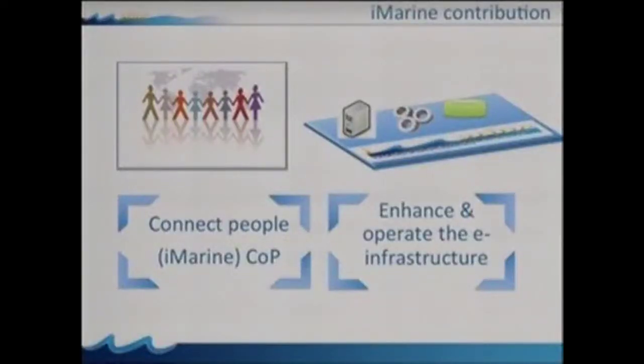We have created, like what we are trying to do today, a community of people that come from different domains and they started to work together, share their vocabularies, share their tools, share their standards, and work together. So we already have a community. And of course, the other part has been for us to enhance the infrastructure that we had already and operate this infrastructure with the right quality level.